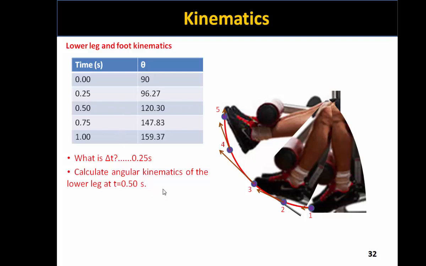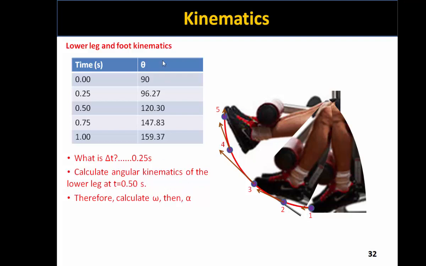The instruction here is to calculate the angular kinematics of the lower leg and foot at t equals 0.5 seconds. So we want to be able to calculate the kinematics of what's going on at this point in the movement. The first step is to calculate the angular velocity, then calculate the angular acceleration.